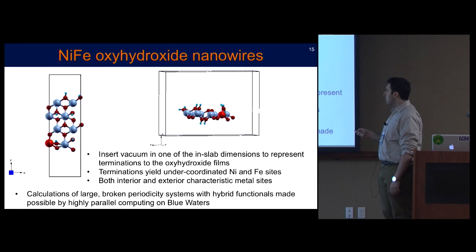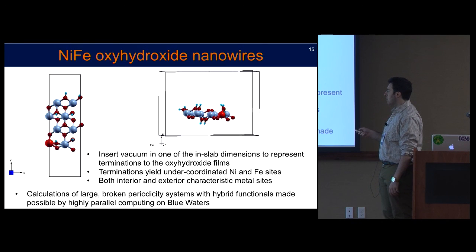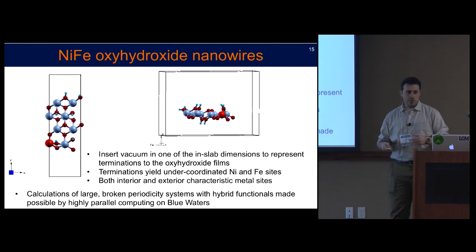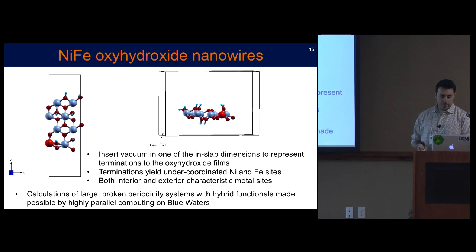The unit cell, of course, has changed now in that we have broken the periodicity in a different dimension, inserting some vacuum in what is the y dimension, arbitrarily. And now you can see we have purposefully under-coordinated metal sites sitting at the edge of the material, and because we have an appropriate breadth of the nanowire, we have characteristically interior and exterior metal sites to study in a similar fashion.